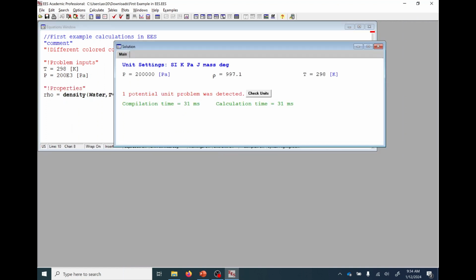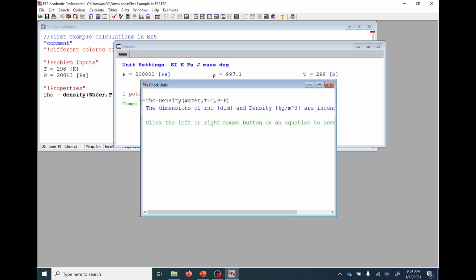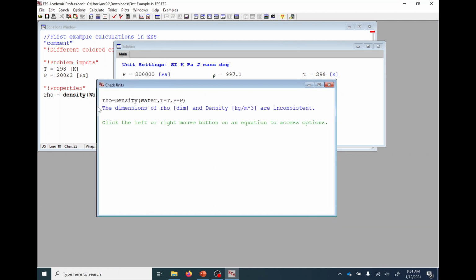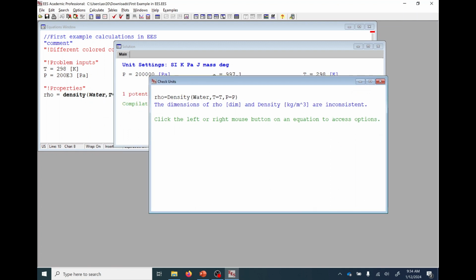And now I've run that program, and you can see that there is a unit problem that was detected. And the reason for this, and you can get from their explanation, is that I have this variable that I'm calling rho, and it's saying that rho doesn't have any dimensions, but we're setting rho equal to this function density that gives us outputs in kilograms per meter cubed.